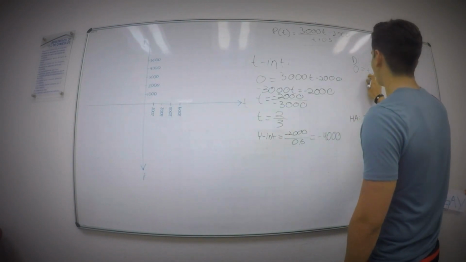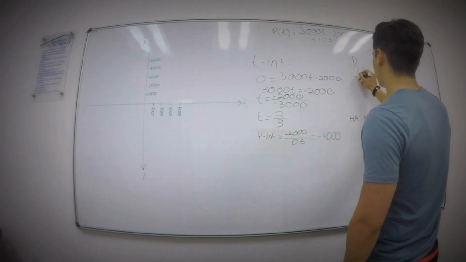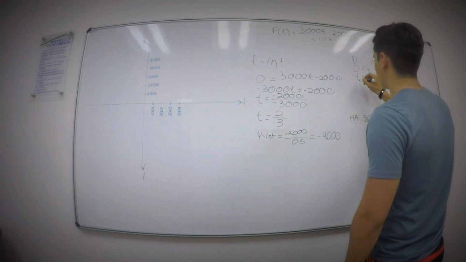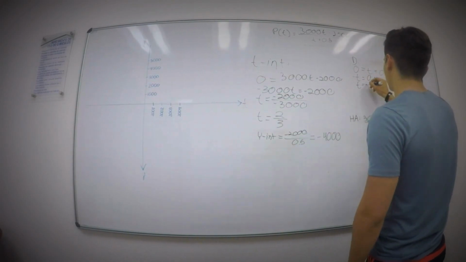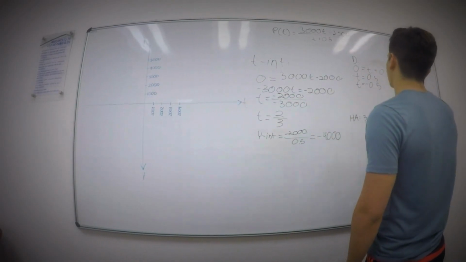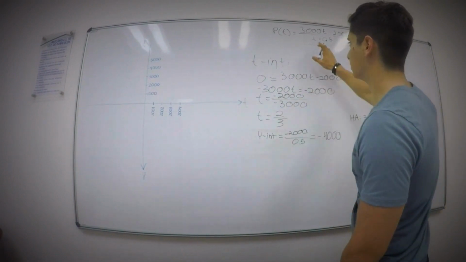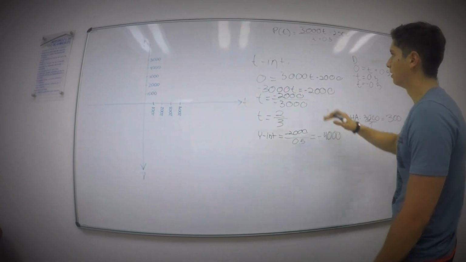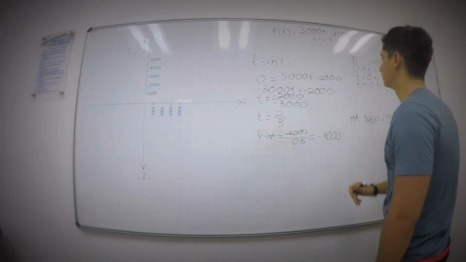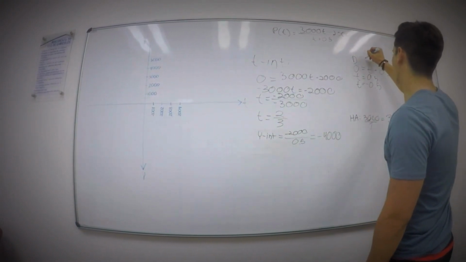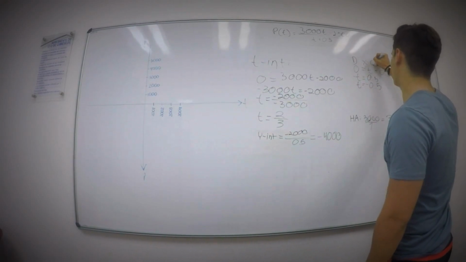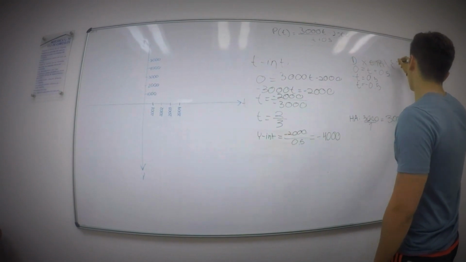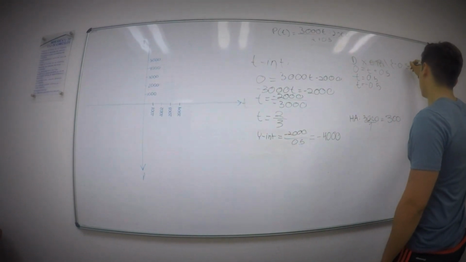Then the 0.5 goes to the other side in a negative way, and t becomes minus 0.5. So this number cannot be used, as any division cannot be divided by 0. So t is any real number except for minus 0.5.